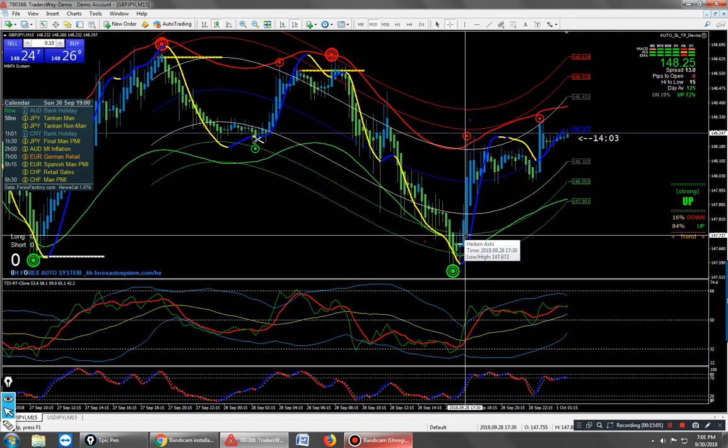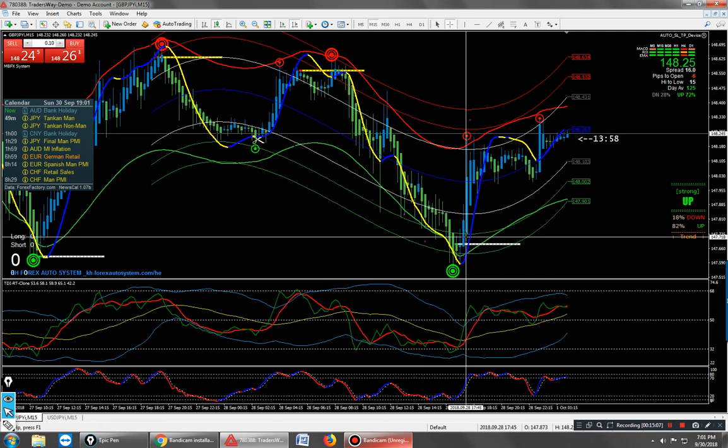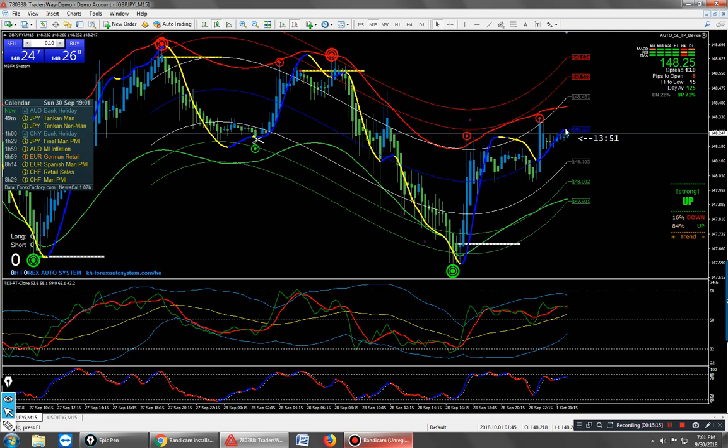So if I got in now, which would have been this past Friday, I could actually still be in this buying trade and still be up like 52 pips right now. Okay, and I could just still be riding it. So those are some key factors on what to look out for as far as getting in and getting out, and how to know if you can stay in or out.